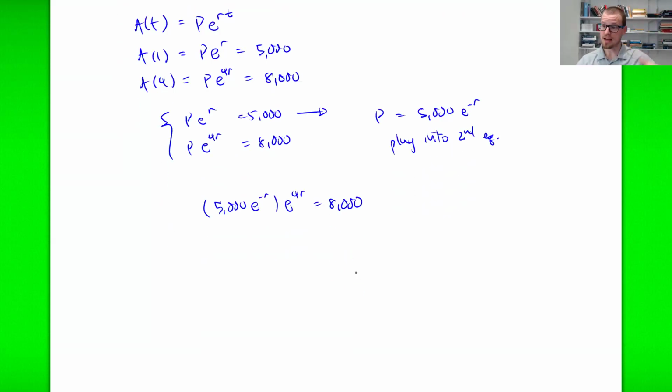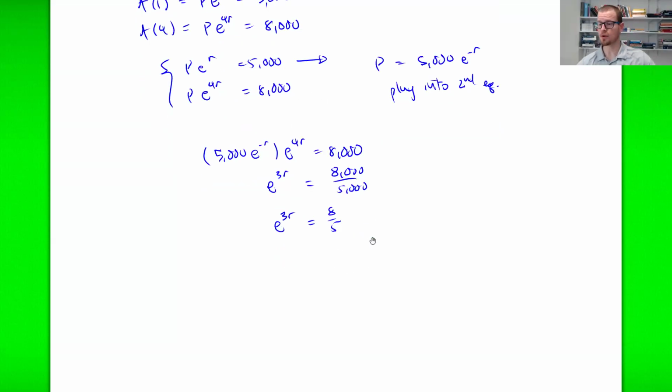I can combine these two terms here, right? e to the negative r times e to the 4r is e to the 3r. But I can also divide by 5,000 on both sides. So I get 8,000 divided by 5,000. So I get e to the 3r is equal to 8/5. Now I just need to rewrite in logarithmic form.